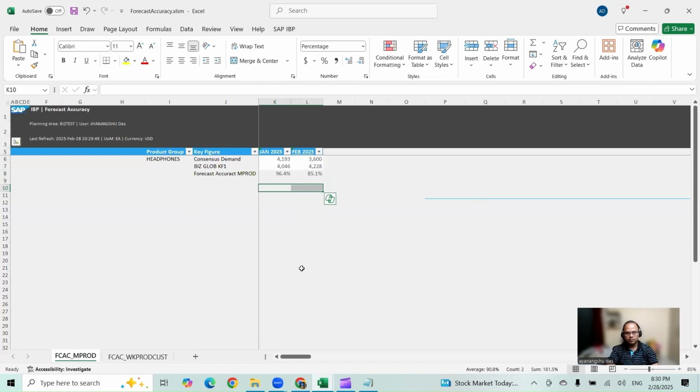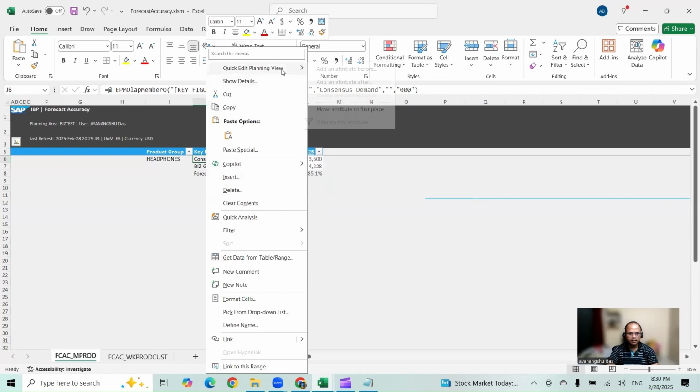So since we have changed the way we are calculating, let's see if it is now correctly calculating at a product level. So let's add that attribute.